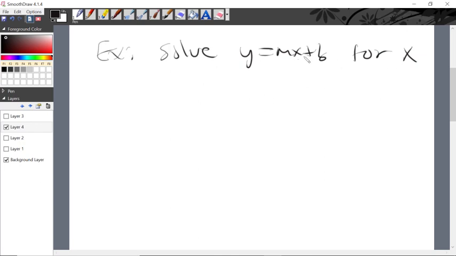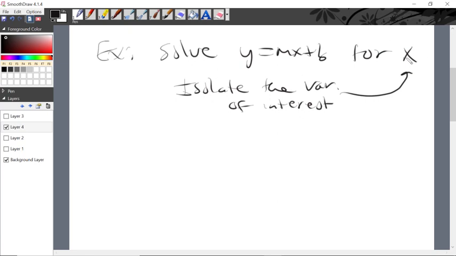We can solve this linear equation for x by isolating x. We simply want to isolate the variable of interest, which in this case happens to be x, because we were told to solve for it.